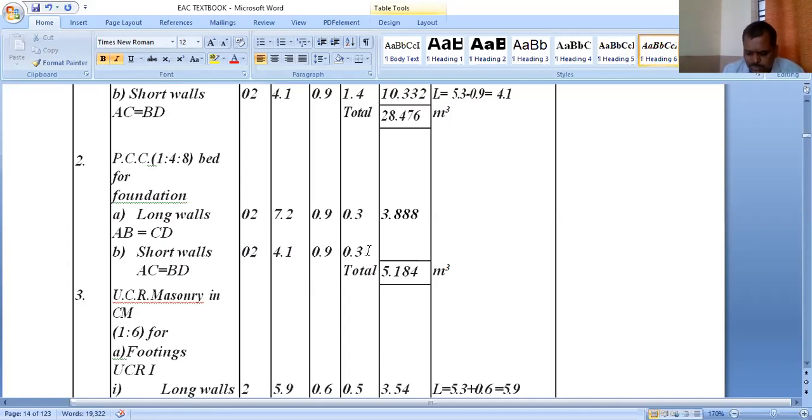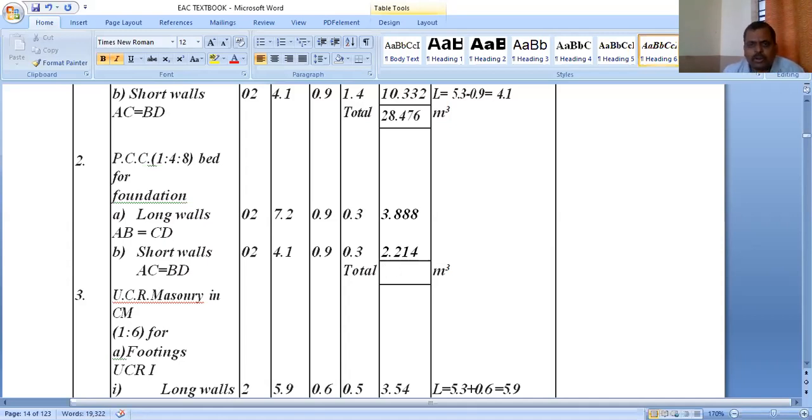We have to multiply all these: two numbers into 4.1 is the length of the short wall, multiplied by 0.9 is the width, and multiplied by 0.3 is its thickness, that is 2.214 cubic meter.